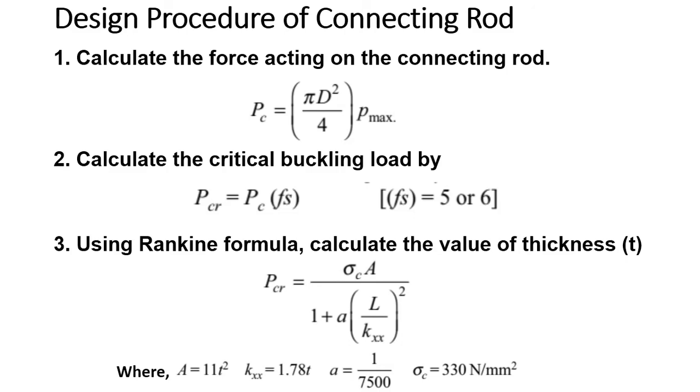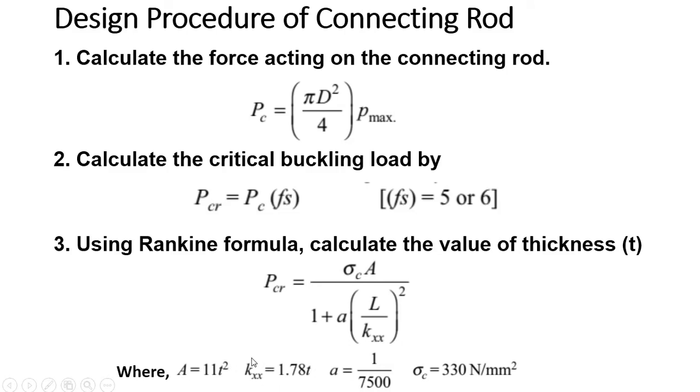Then we apply the Rankine formula that we have already calculated. Using this Rankine formula we will determine the thickness value, and it is a simple relation. You know this sigma c is the crushing stress, and this A is the area that is given by 11t square, which we already did in the last part.